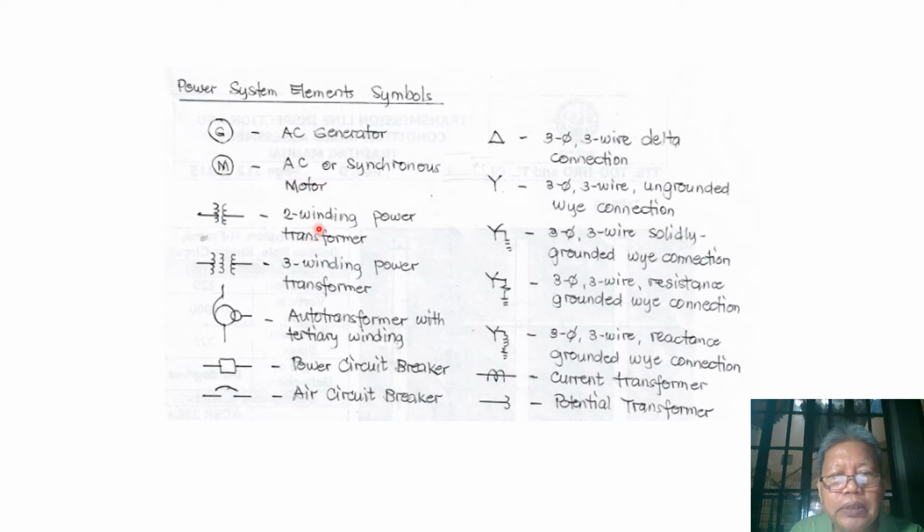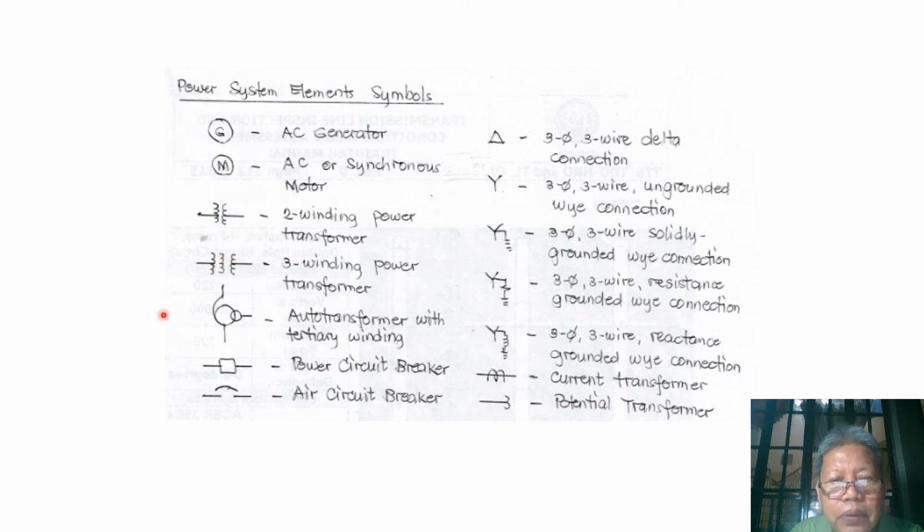Now for the two winding transformers, we use this. This represents the windings on one side and the other windings on the other side. If we have a three winding power transformer, then our symbol would be three windings, with the middle winding here.